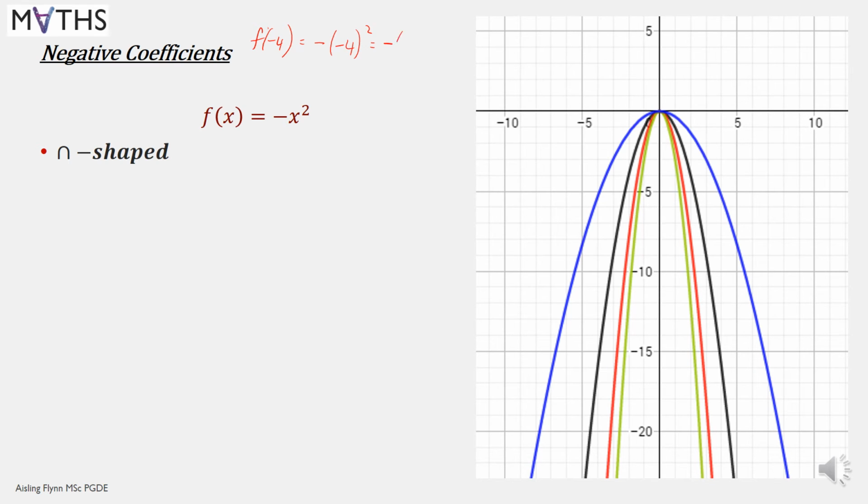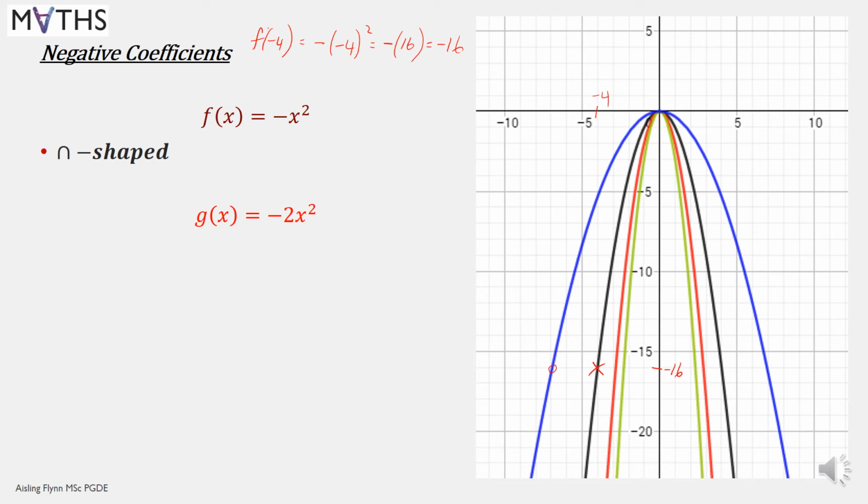So it'll be minus plus 16, which is minus 16. So you can see that here. Okay, input is minus 4, output is minus 16. Okay, so it has the effect to turn the whole thing upside down. And it is now, instead of being U-shaped, it's hill-shaped.